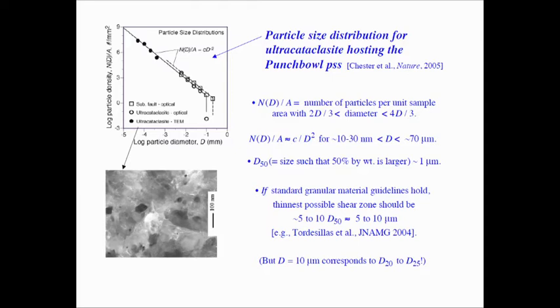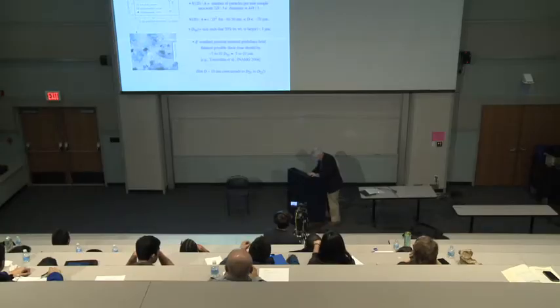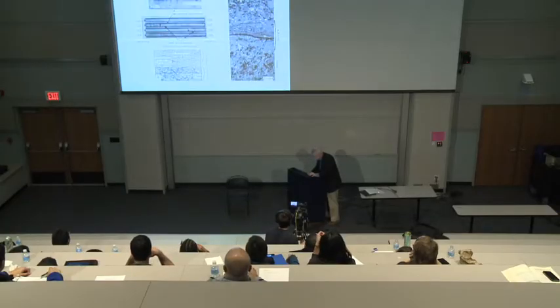It's not clear what should be meant by particle diameter, but if we take D50, the size where 50% of the mass has particles of greater size and 50% less, then that would suggest shear zones of 5 to 10 microns. But the trouble is we have lots of particles that are much bigger than 5 to 10 microns. So it's not clear even how to use these classical guidelines from the granular materials literature.